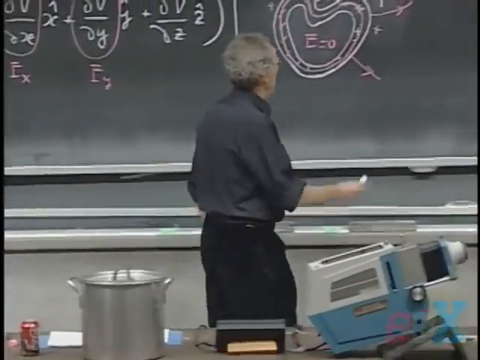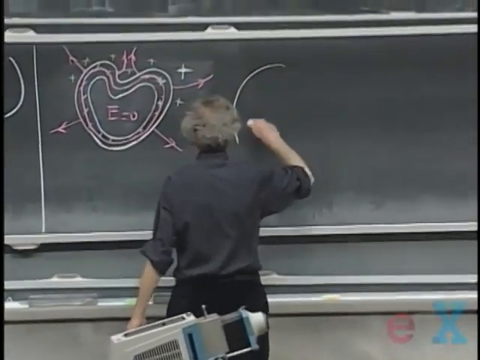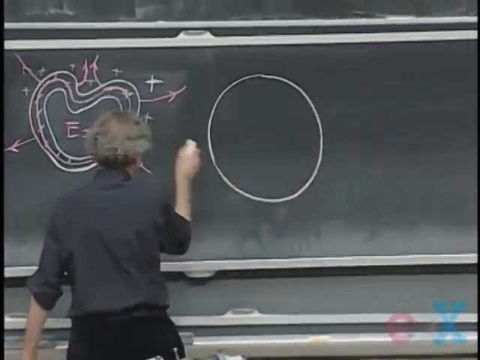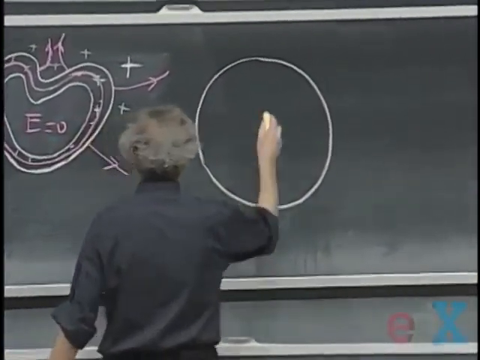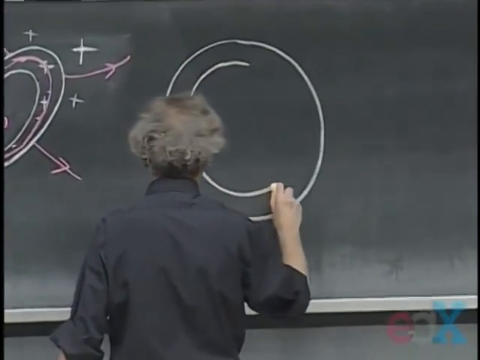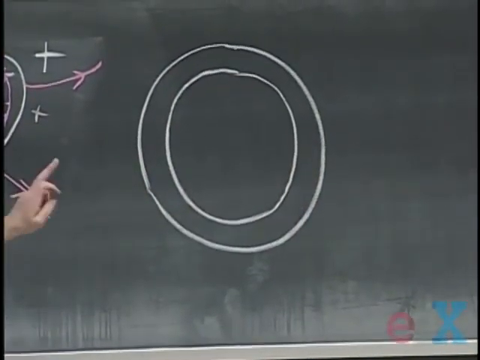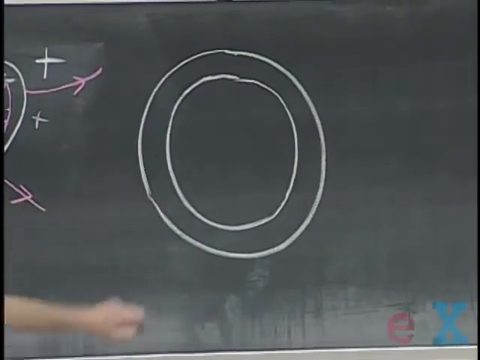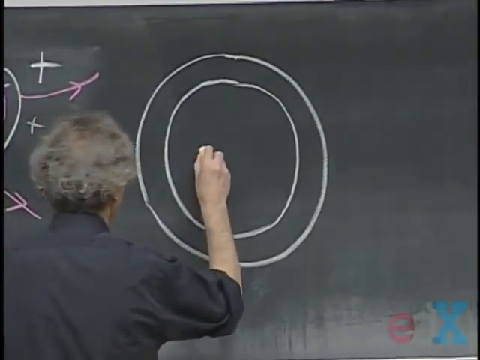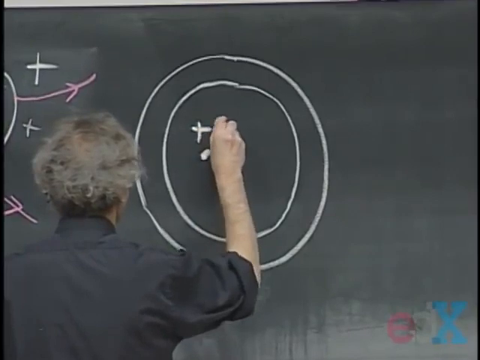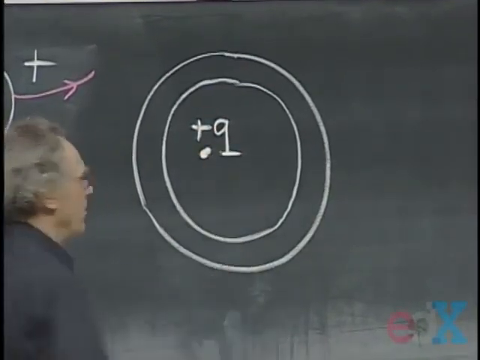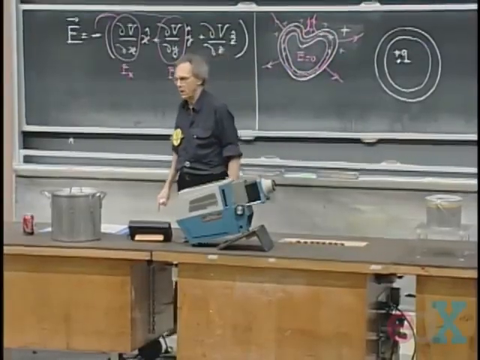So now we have a situation, and since it is post-Valentine's Day, my heart has evolved into a sphere again. So now we take a spherical conductor, solid, this is solid material, and somehow I'm sitting inside here with a charge plus Q. You can make it minus if you want to. That's exactly what problem 2.1 is about.